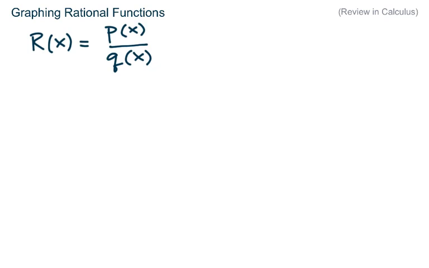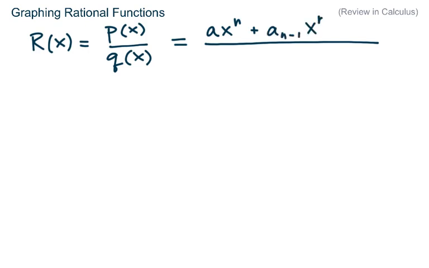All right, so a rational function is created by a ratio of polynomial functions. And a polynomial function is something that's quadratic or linear, cubic even. It is a long list of terms raised to a power, right? So I've got a sub n x to the n plus a sub n minus 1 x to the n minus 1.